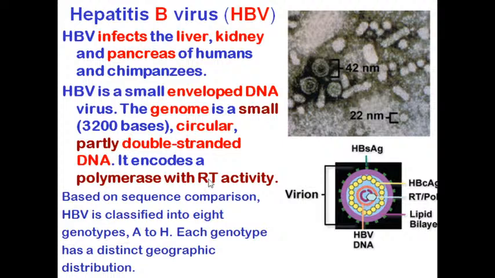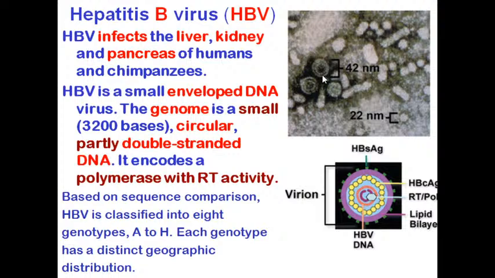Based on sequence comparison, hepatitis B virus is classified into 8 genotypes from A to H, and each genotype has a distinct geographic distribution. You can see here on the electron micrograph that hepatitis B virus forms the so-called Dane particle.